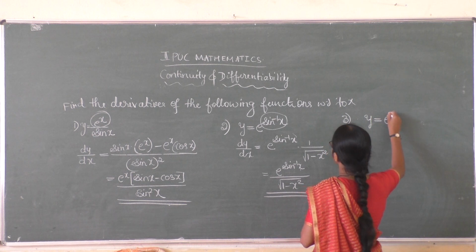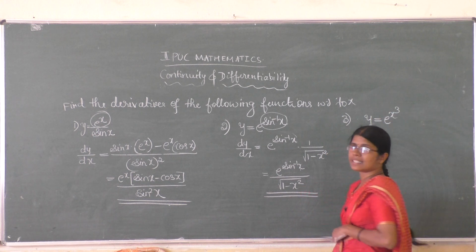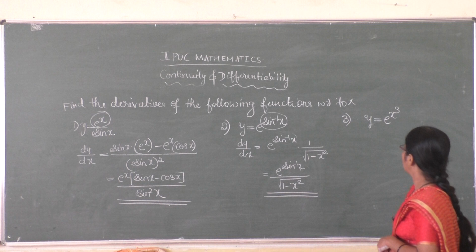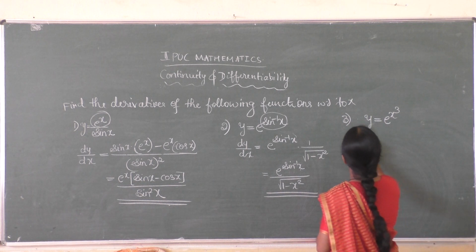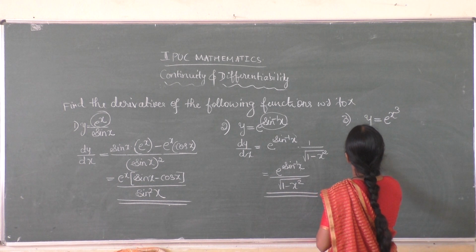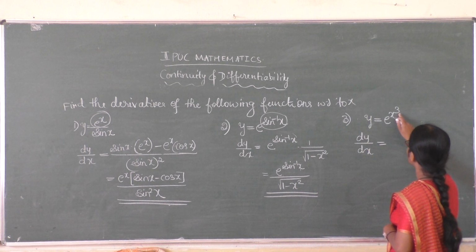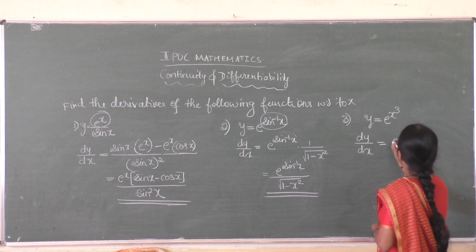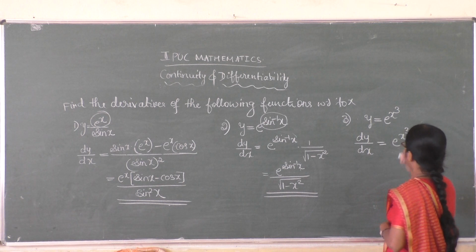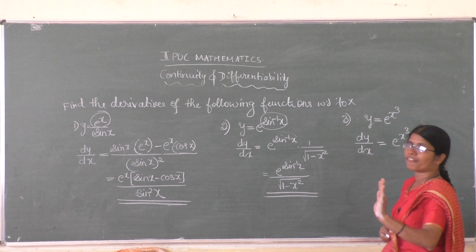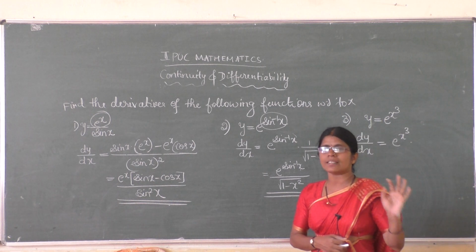y equal to e to the power x cube, okay. Y equal to e to the power x cube. So here dy by dx equal to e to the power x cube derivative, that is e to the power x cube itself, because e to the power x, if you have, its derivative is same.